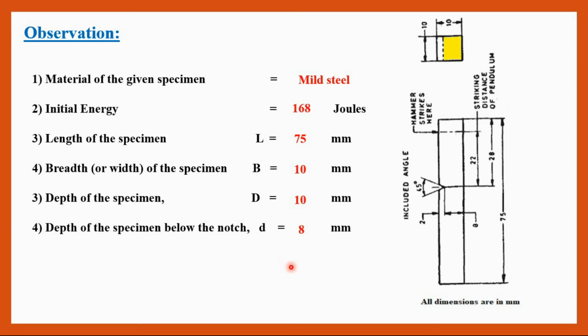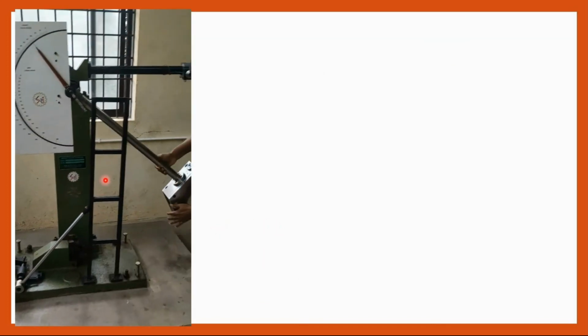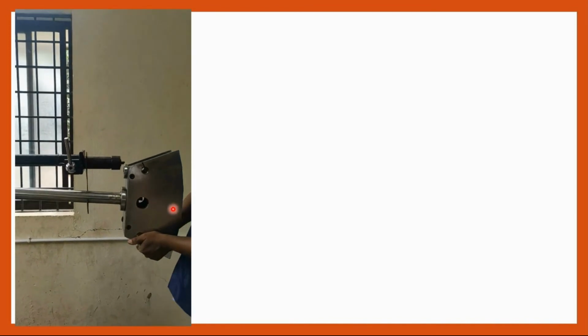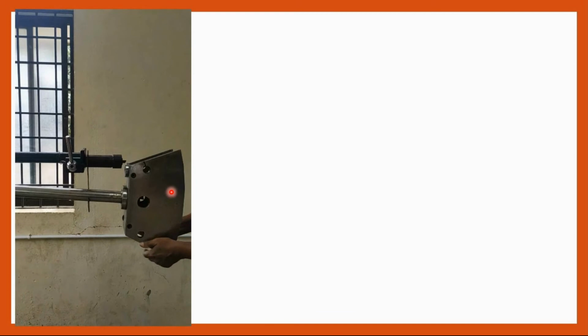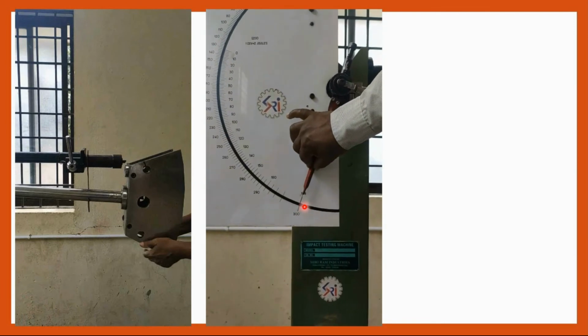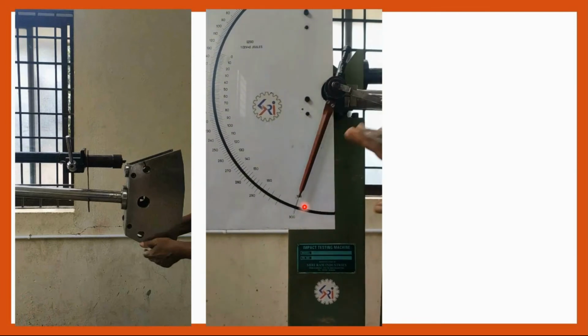Now before going to conduct the actual test, we need to conduct a test for friction loss. Same procedure. Place the hammer in the position of the pendulum at an angle of 90 degrees, meaning the hammer now has the potential energy of 168 joules. Then place the pointer at a position of 168 joules.